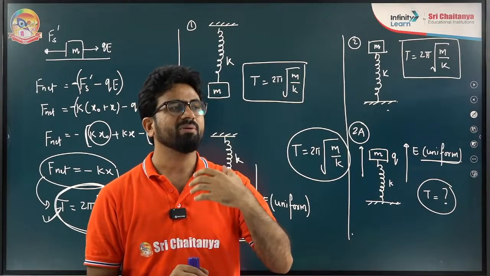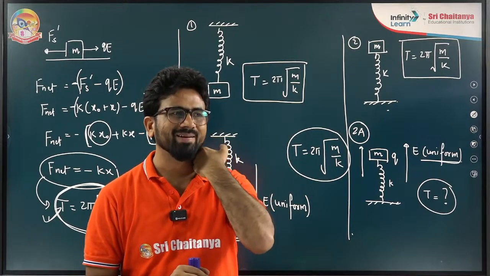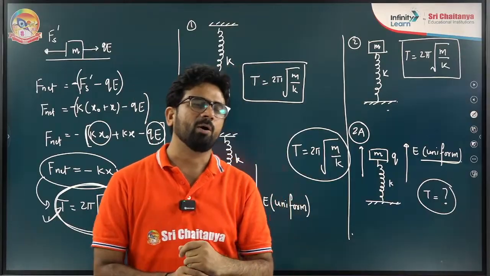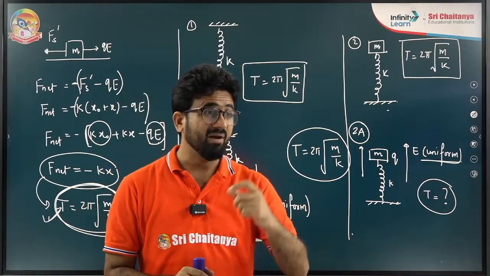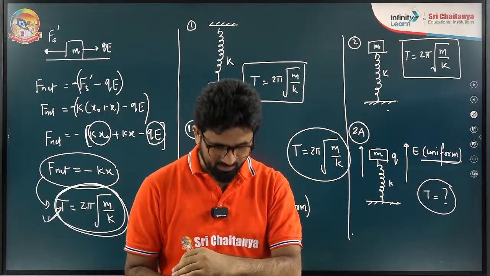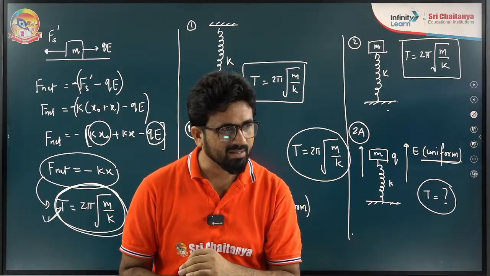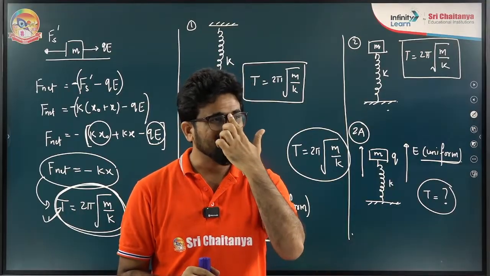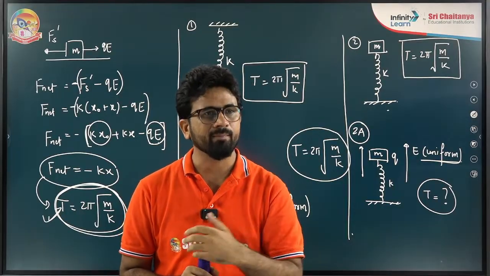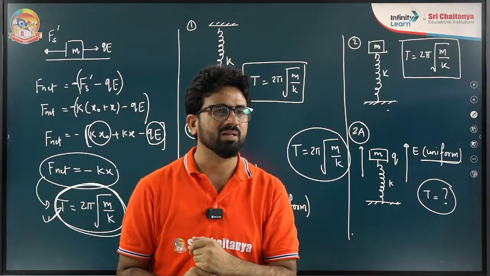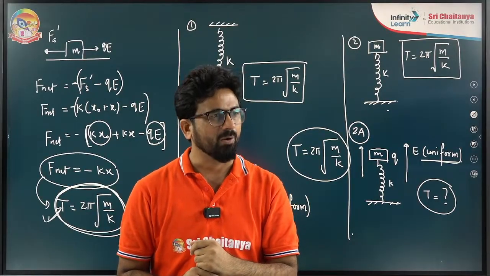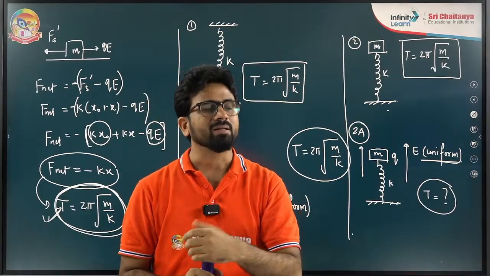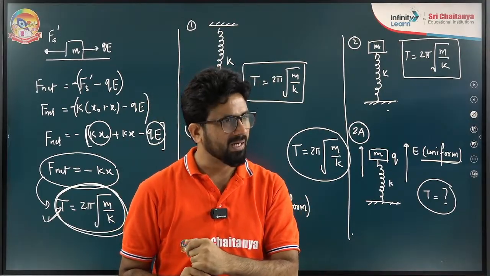When you join the classes, I will tell you in each topic how many types of questions there are, the number of different types of models, how to solve them, what the formulas are, the concepts, the equations, what theory we have to apply. When you put it in, then only you will get good marks.